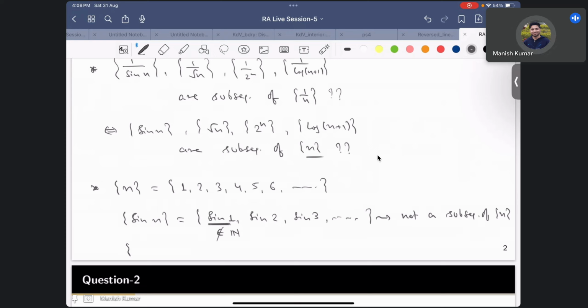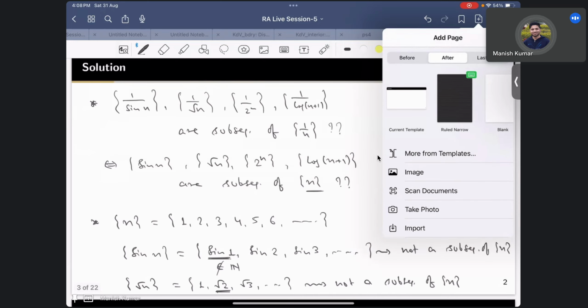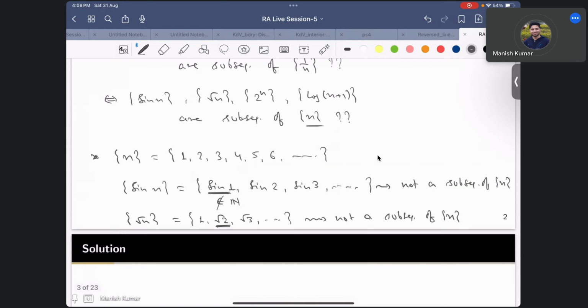Similarly, if you look at root n, what is this sequence? It is 1, root 2, root 3 and so on. Clearly this is also not a subsequence of n, because root 2 is a decimal value, 1.414, like that. So this is also not going to be a subsequence of n.